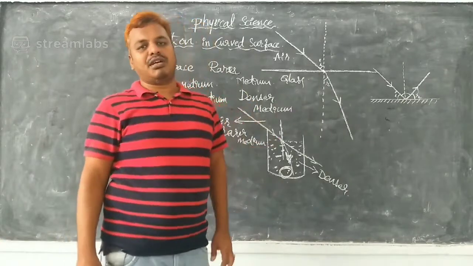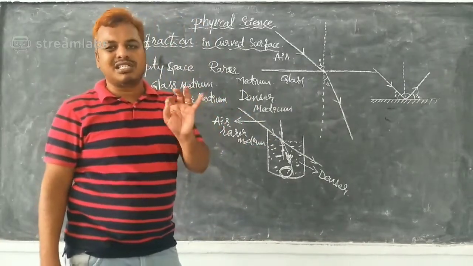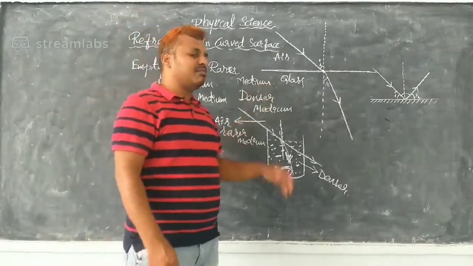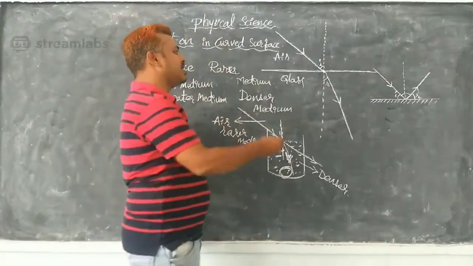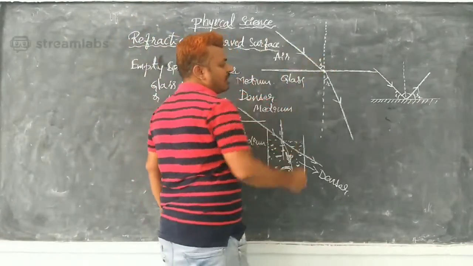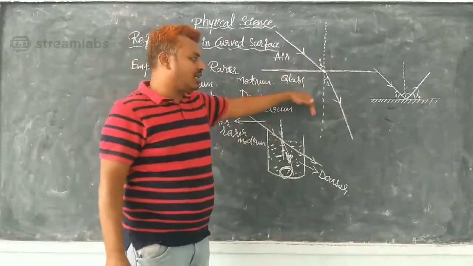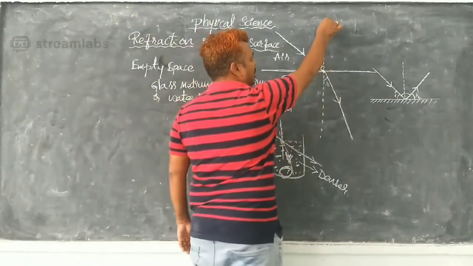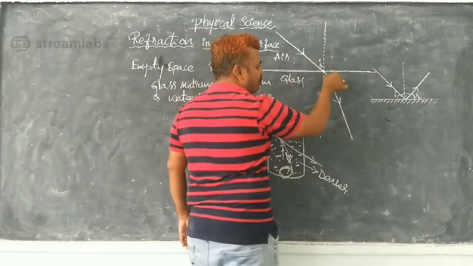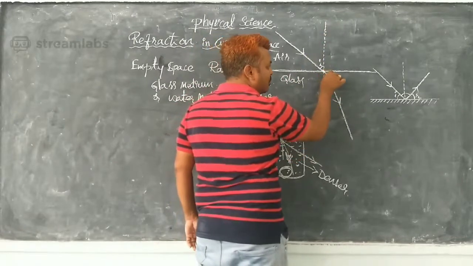Now the light ray enters from air medium into the glass medium, so it bends towards the normal. Actually it has to go in this direction.